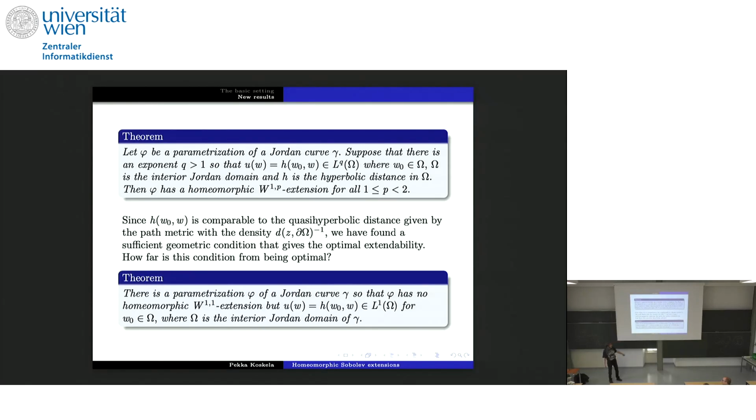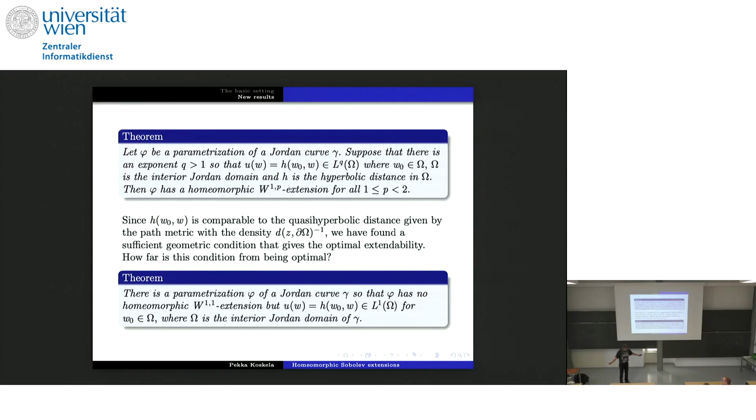And this we had to cook up by hand because the example by Yi didn't give this. Now his example doesn't have the property that H is in L^1.